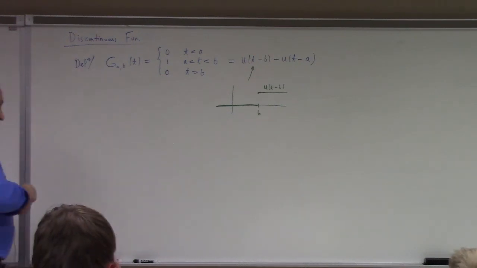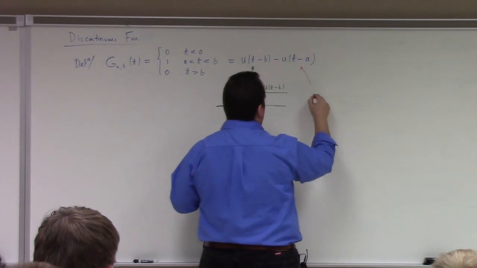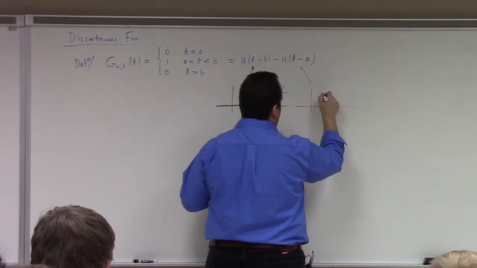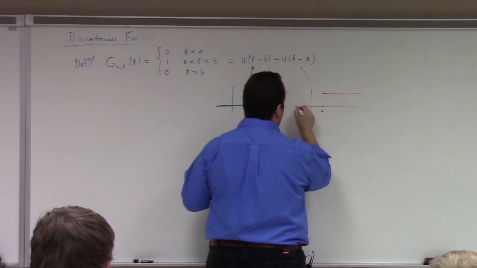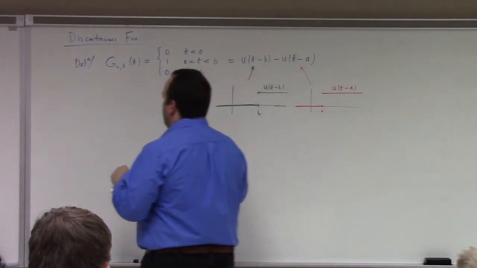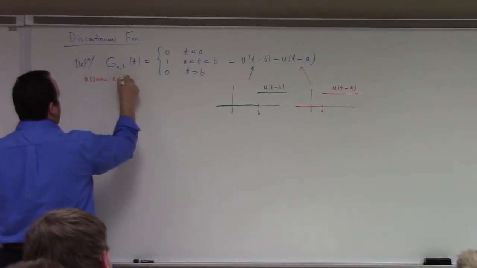In contrast, the unit step function of t minus a turns on at time a, like that, right? I'm going to assume that a is less than b, all right?